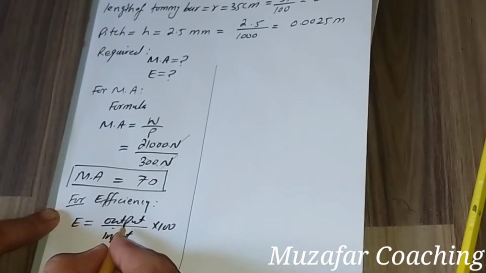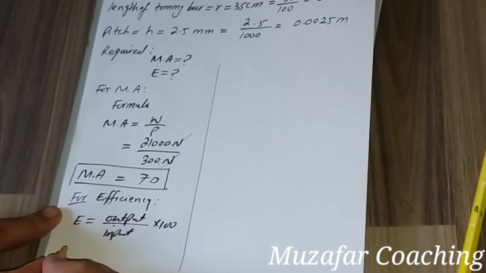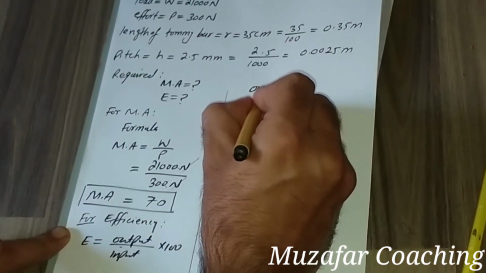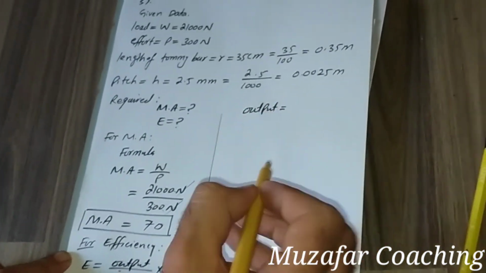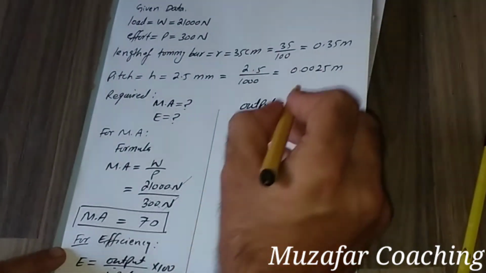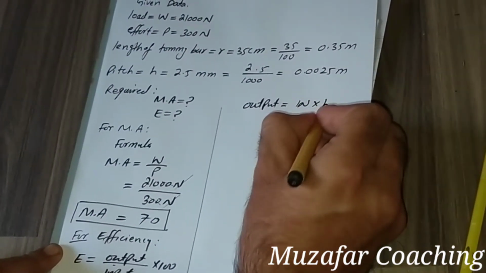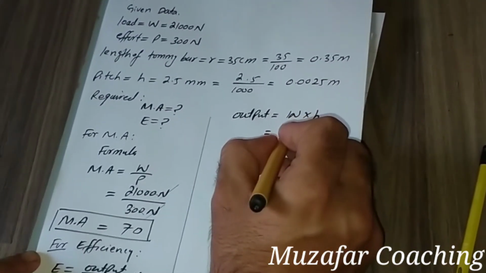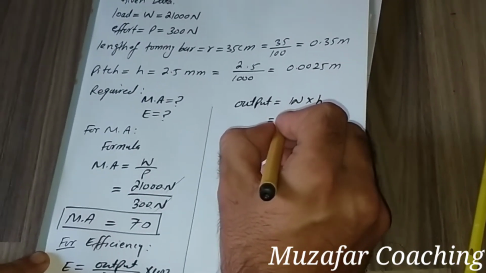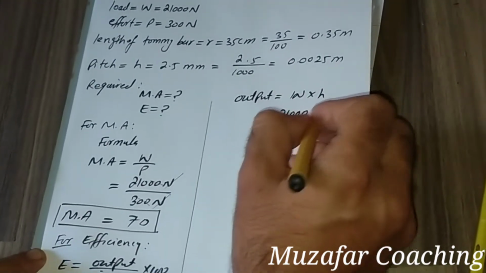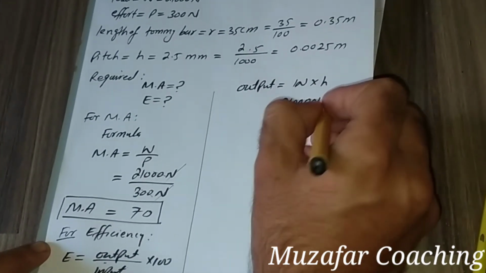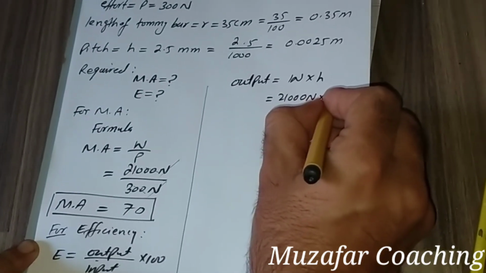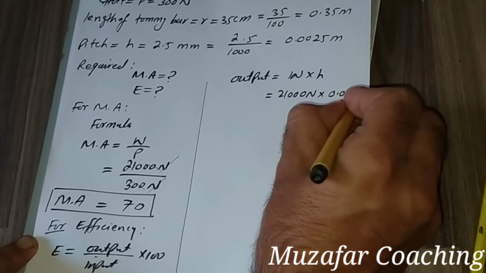First of all, we will be finding output. The formula of output is the same as we did before: W multiplied by H. What is W over here? W is 21,000 Newton multiplied by H, which is 0.0025.